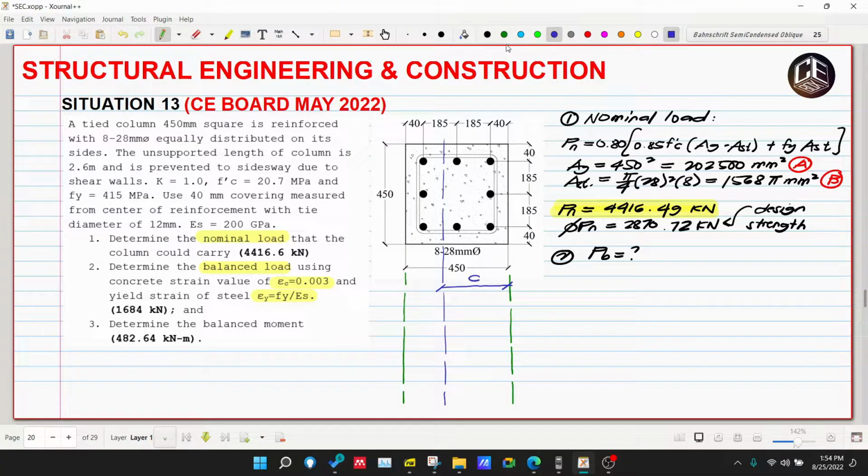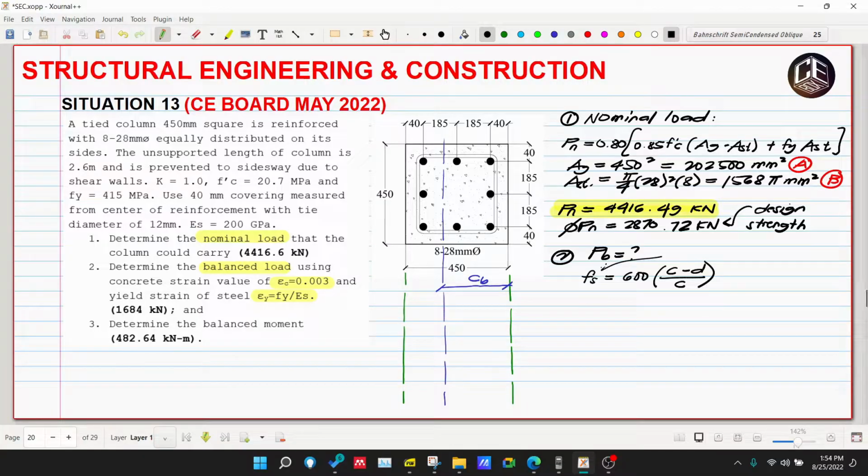So, solve natin yung ating neutral axis or location ng neutral axis at yun yung distance C. Di ba? Sa beam. That is distance C. Pero since balance condition tayo, ang ating equation para sa C is equivalent to, wait lang kasi di ba ang ating Fs is equivalent to 600 multiplied by C minus D over C. Ayan. So, kung balance tayo rito, yung ating Fs will be Fy.